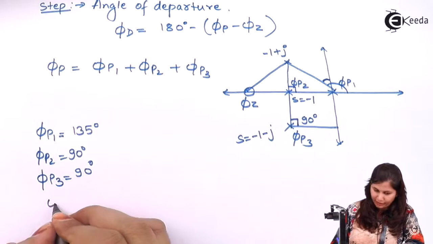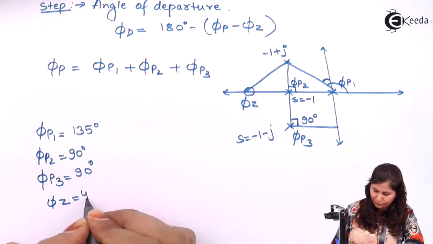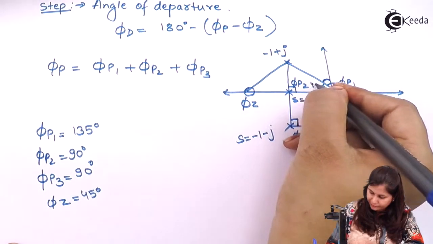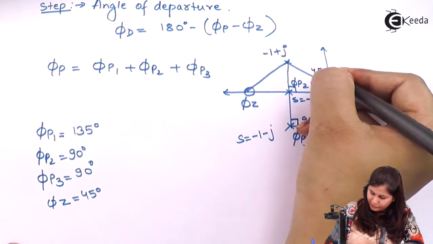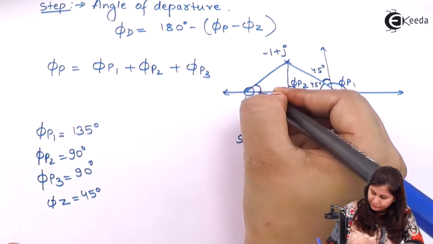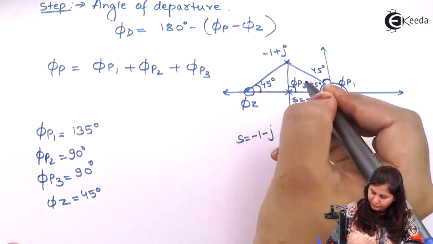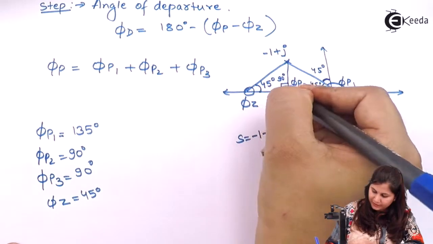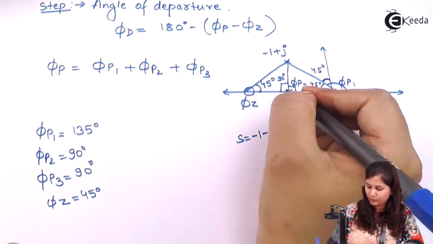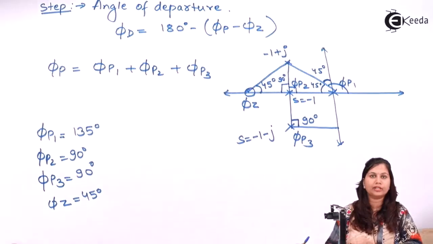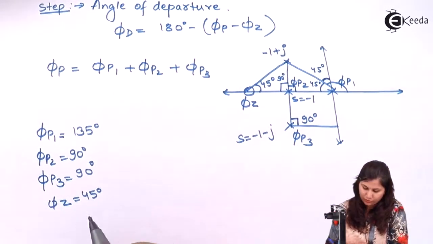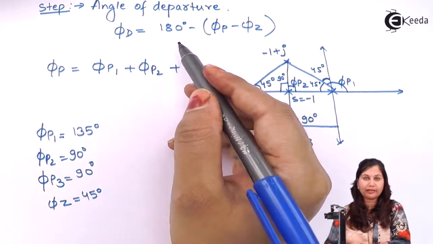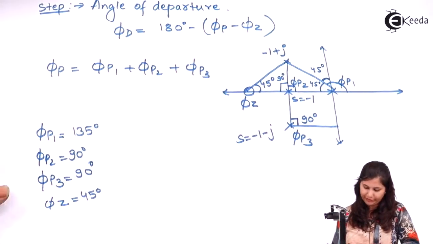Okay, and phi z is 45 degrees because this angle is 45. This angle will also be 45 degrees because this is again 90, and the sum of the angles in a triangle is 180 degrees, so it is 45 degrees. So we have obtained all the angles, substitute their values in this formula and obtain phi d.